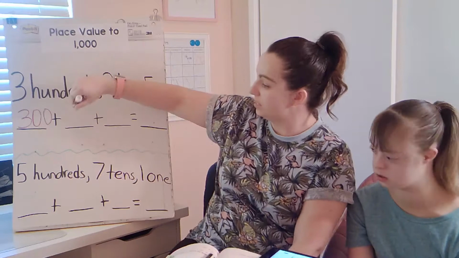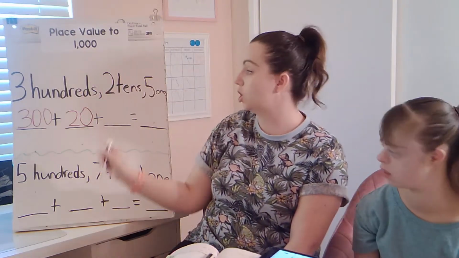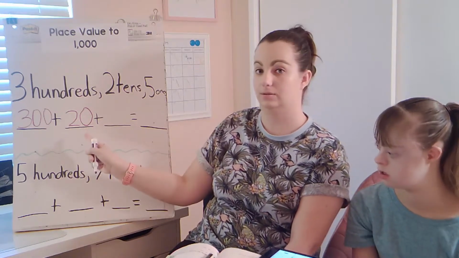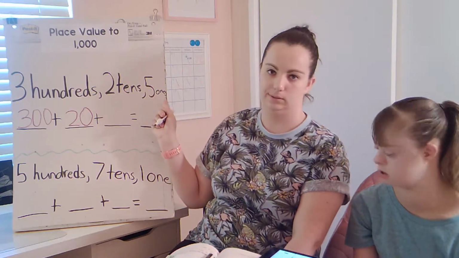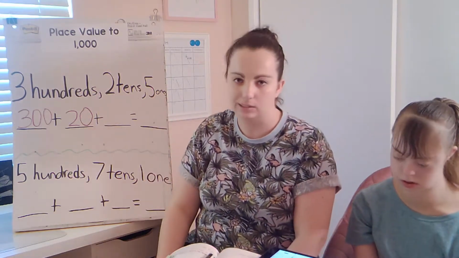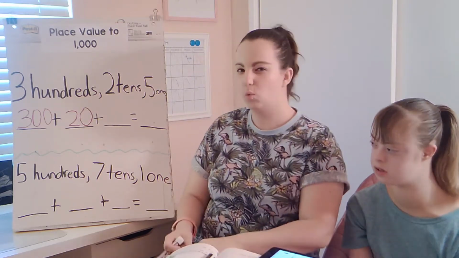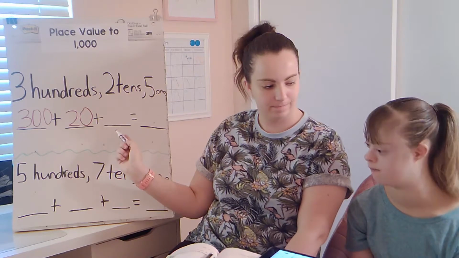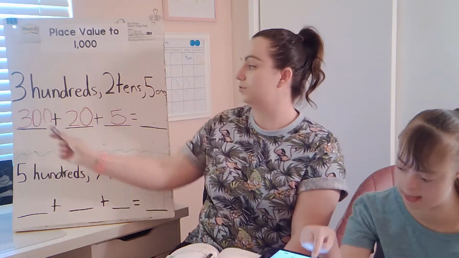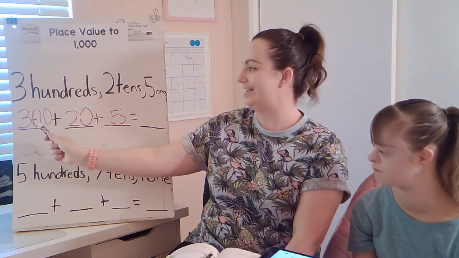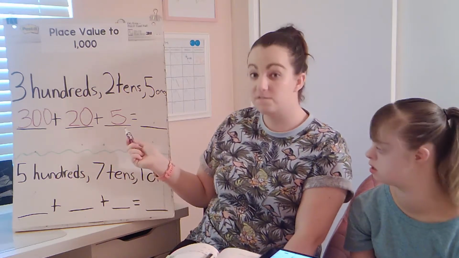So you'd write 20 here, or 2 0 to show 2 tens. Okay. Finally, you have 5 ones. That one's kind of the easiest part, I think, because 5 ones, that just means you have 5. So what number would I write here? 5, yes. 5. 300, thanks Kaylee. 20, or 2 tens, and 5.